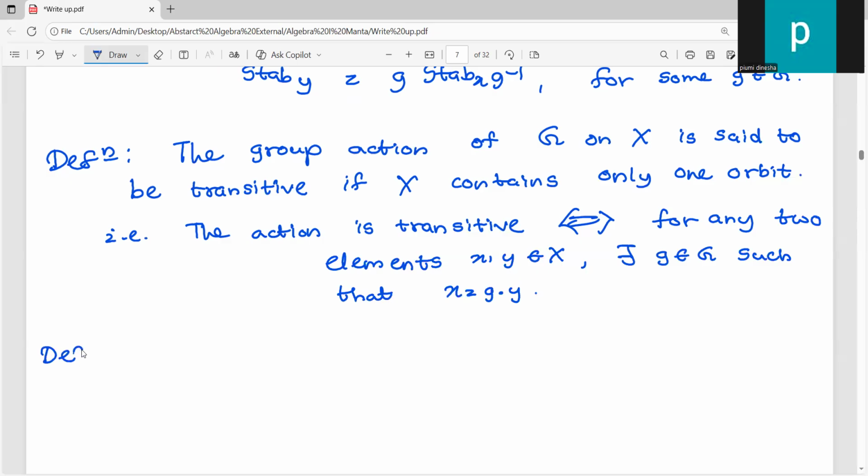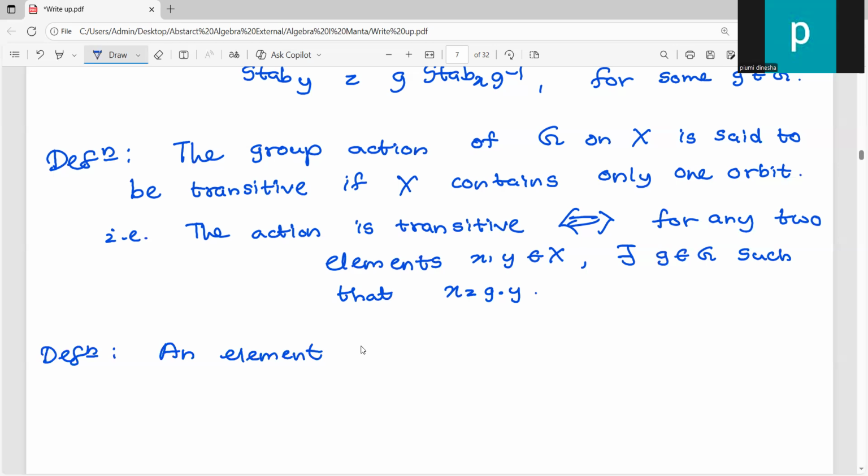Now the other definition: an element is said to be fixed. Let me formally write it, since even though we went over this definition, we never formally wrote it.